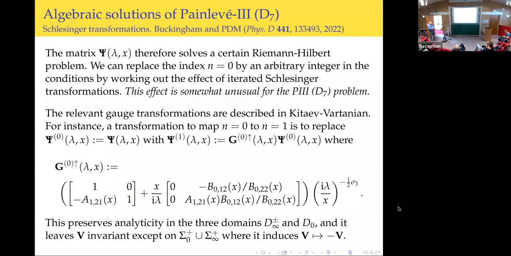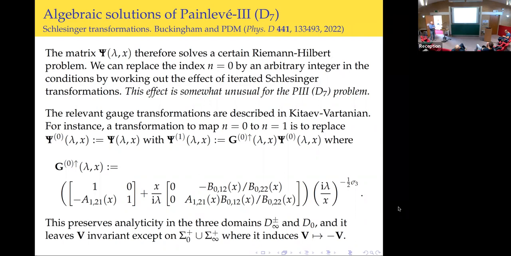So for instance, if you start with n equals 0 and you want to get the solution for n equals 1, what you have to do is replace this psi that we just built, which we'll now call psi 0, with psi 1. And psi 1 is just a matrix multiple of psi 0, left multiplier. And this G is a gauge transformation that you actually build out of this thing. And the way you build it is by this formula here.